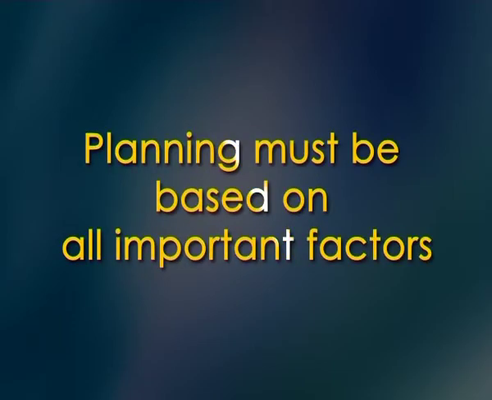The sixth point, planning must be based on all important factors. Planning must be comprehensive in nature. During planning, all important factors which can have a direct or indirect impact on the process of training should be carefully considered, and if needed, possible means and measures should be included in the plan.